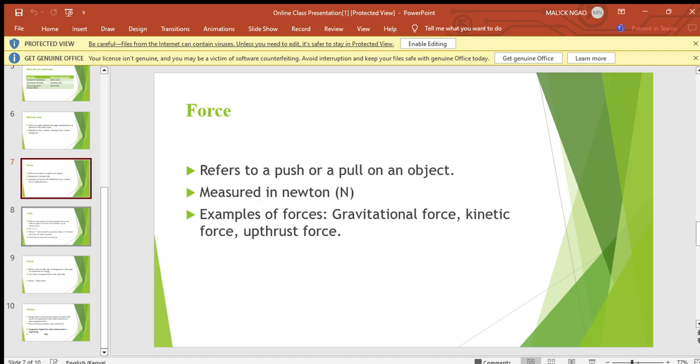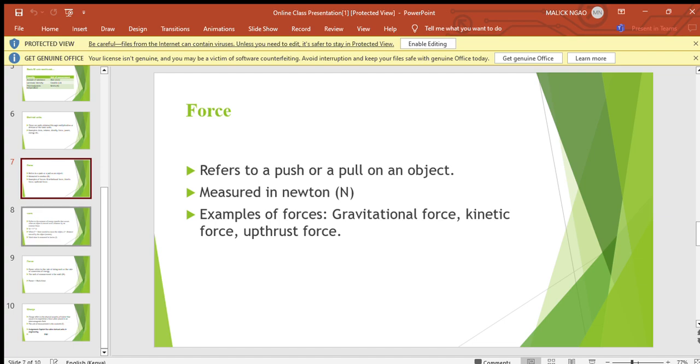Kinetic force, correct. Any other type of force? Okay. We also have forces like weight. Weight is also a force because it is a force which is acting directly to the center of the earth.